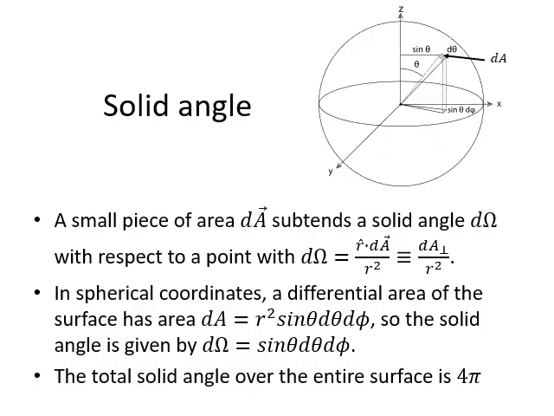Here is an attempt to draw a spherical surface. Unfortunately it's a two-dimensional drawing of a three-dimensional surface, but I hope you get the idea of what it is here. And a little element of area on that surface that I'm going to call dA.